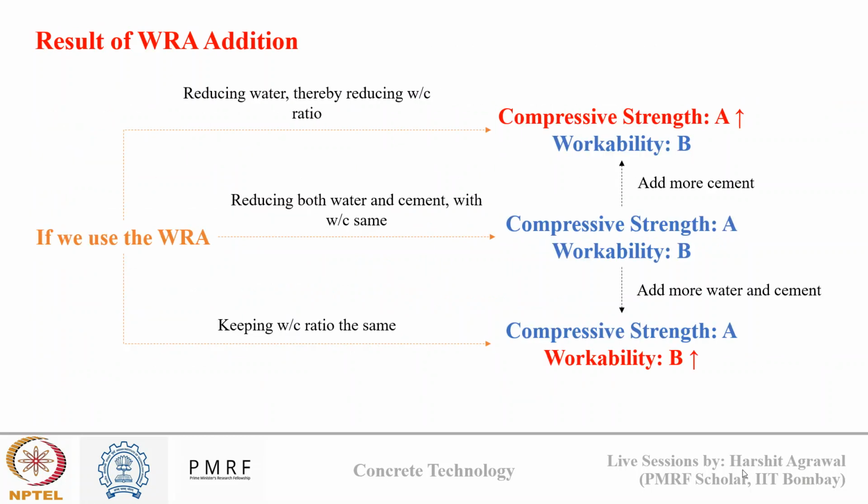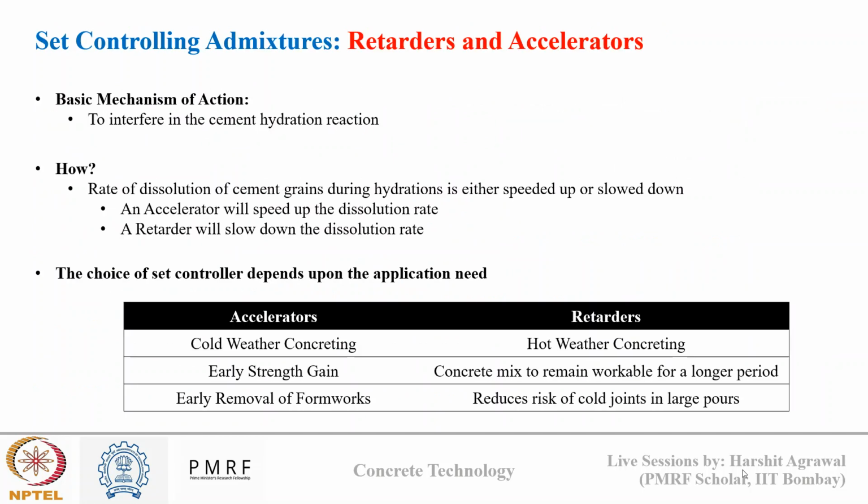We saw the end result of plasticizers in modifying a concrete mixture, either for maintaining the same compressive strength and workability, but with reduced water content and cement content, or with increased strength with reduced water, or increased workability by keeping the same W by C ratio with the addition of SP.